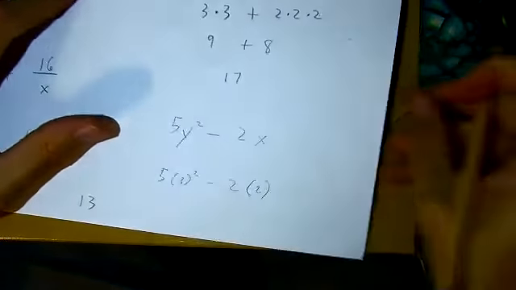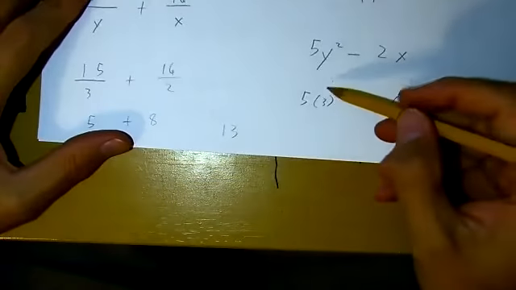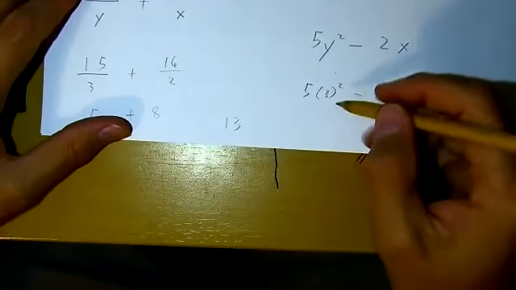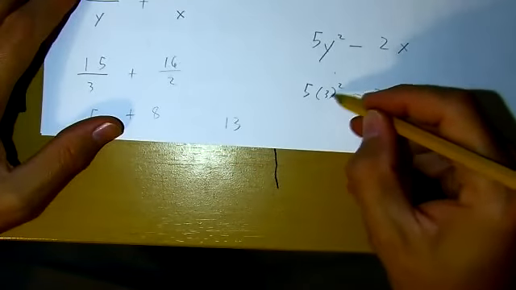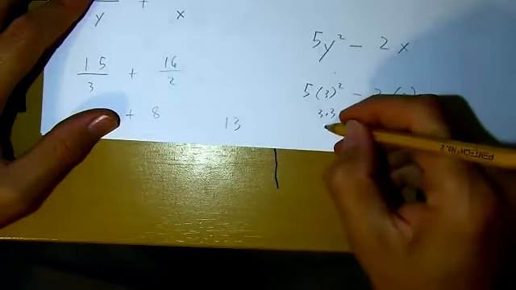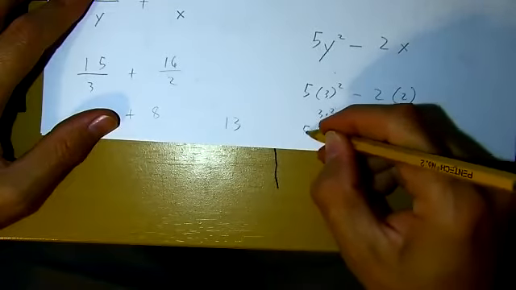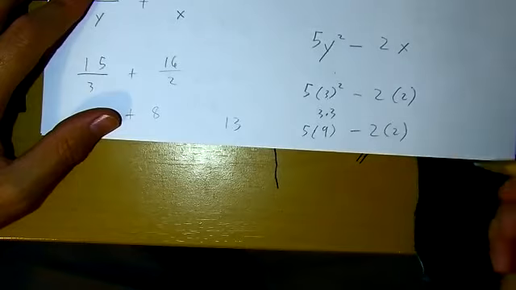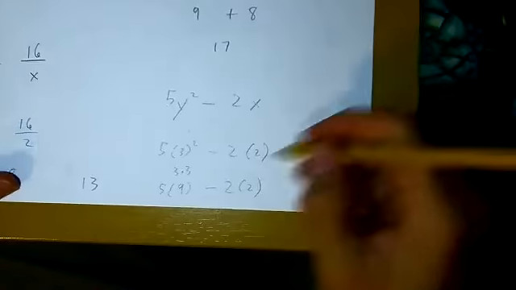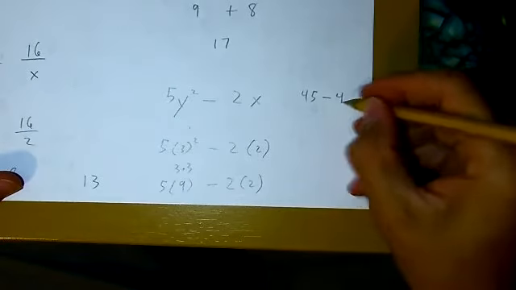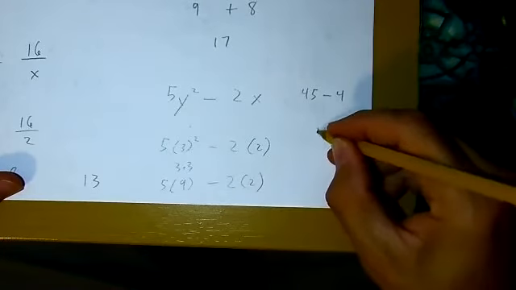Now PEMDAS tells you exponents first. So if you multiply your 5 times 3 first, you're going to get it way too high. So the first thing you got to do is 3 squared. So 3 times 3 comes first, which is 9. So 9 times 5, and you can leave it in parentheses if you want, minus 2 times 2. 9 times 5 is 45, minus 2 times 2, which is 4. Your answer is 41.